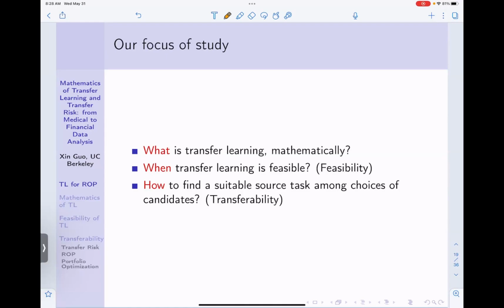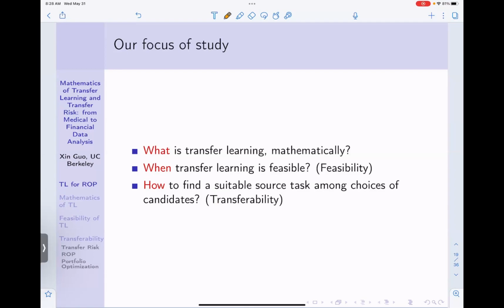And the other question that is really relevant for us is, if I have a transfer learning approach, can it always be guaranteed that it is feasible? Meaning there's always a solution of some sort. And also in this particular example, when we start with the eye disease diagnosis, the question is obvious.